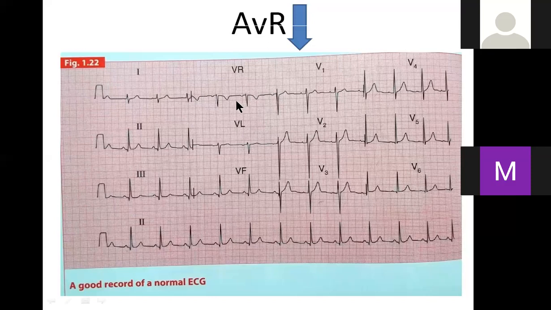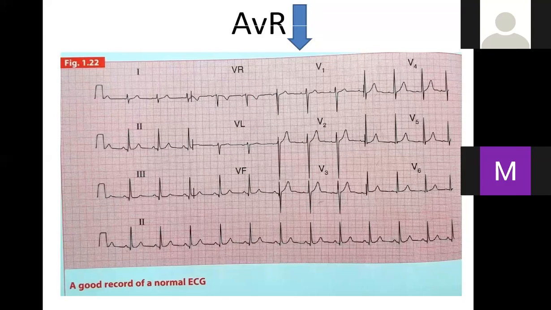All these waves, P, Q, R, S, should be negative in the AVR. So whenever you receive a 12 lead tracing, first look at the AVR. It should be negative. If it is positive, there are two possibilities.